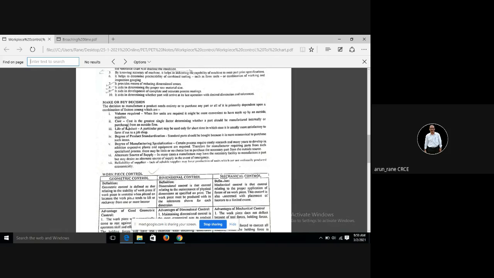Understand? So you have to check whether the supplier you selected is reliable or not. If he is not reliable, then you should have your plan of manufacturing in-house.